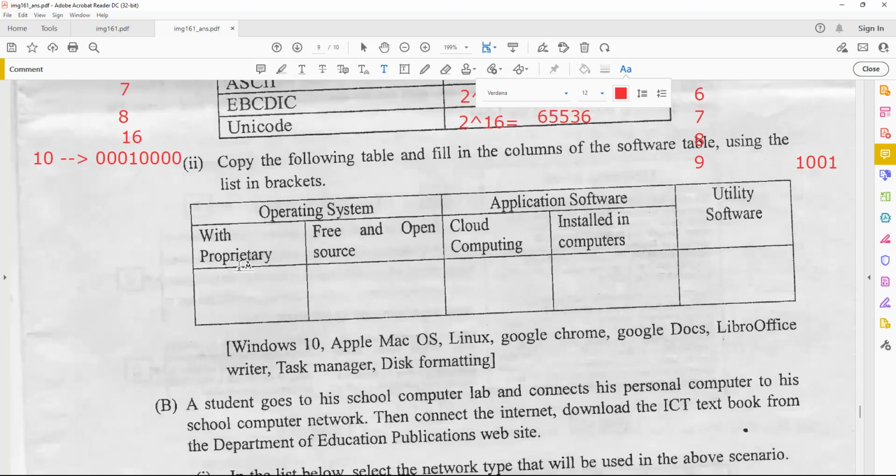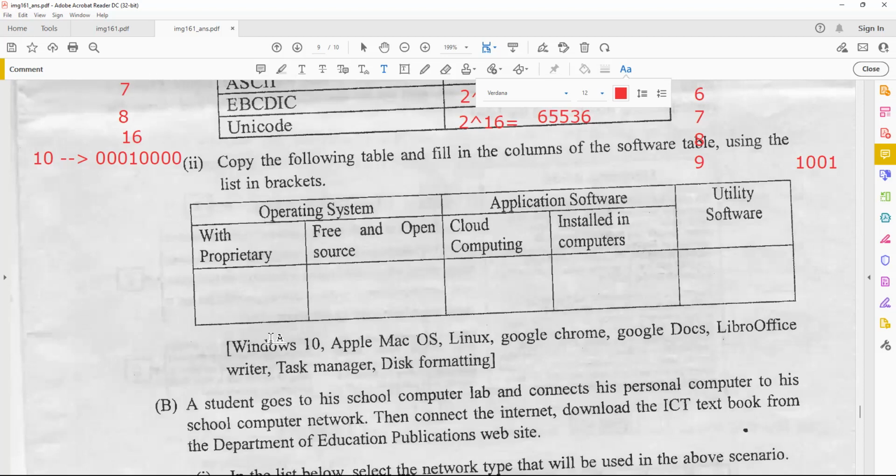Let's start with the proprietary software, the proprietary operating system. So what are the proprietary operating systems? You can find it here. What do you mean by proprietary? That means it's not free, and usually you have to pay for it, and the source code is not usually open.